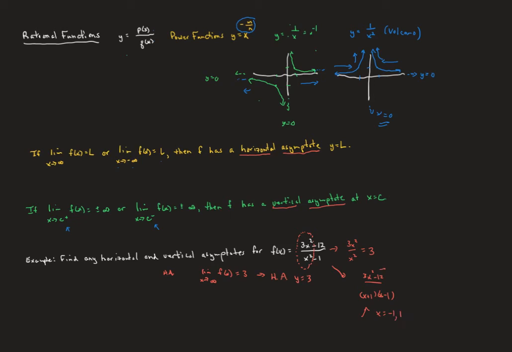As long as they don't have the same factor in the numerator, remember that would lead to a hole in the graph, but since there is no x plus 1 or x minus 1 to cancel in the numerator, these are going to be vertical asymptotes. So at x equals negative 1 and x equals positive 1, this graph will approach positive or negative infinity.